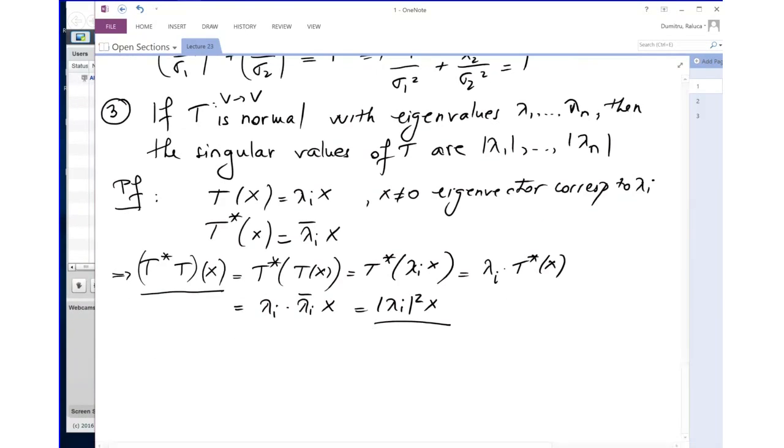Therefore, the eigenvalues of T star T are the squares of the absolute values of the original ones.